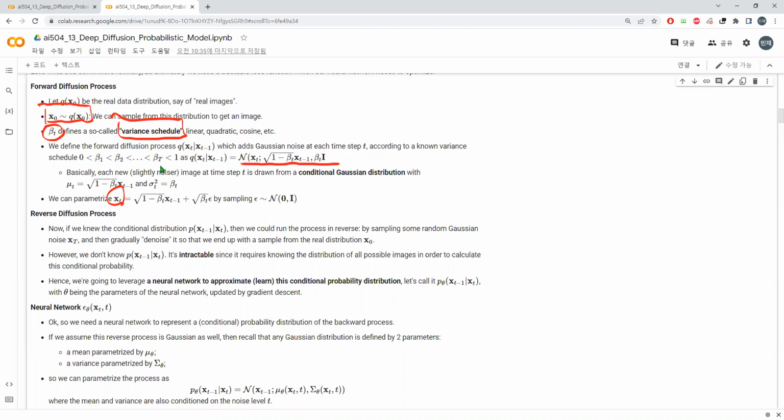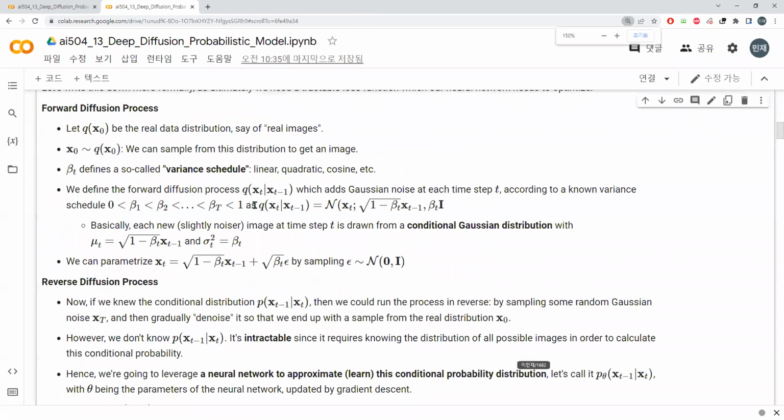Then we can parameterize xt as a conditional Gaussian distribution like this. And okay, is it okay? Let me zoom in. The meaning of this equation is that the noisy data for the next time step is a weighted sum of the previous time step's noisy data, plus the new noise for this time step.